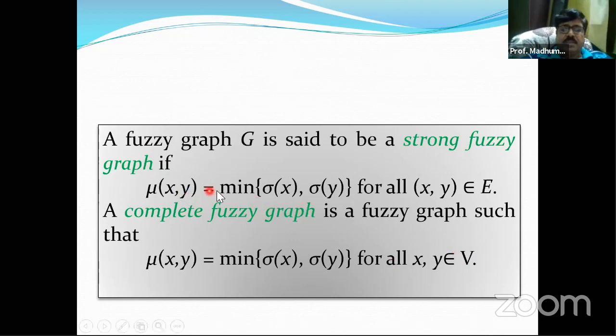Here you see the condition is the same, but the first condition is true for all edges, not every pair of vertices. Here it is every pair of vertices. So if the first condition is satisfied, the graph is a strong fuzzy graph. And if the second condition is satisfied, then the graph is a complete fuzzy graph.